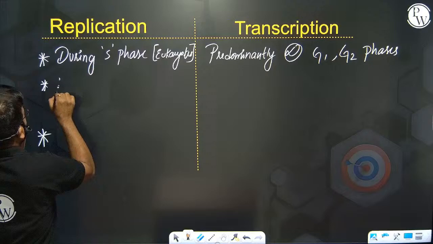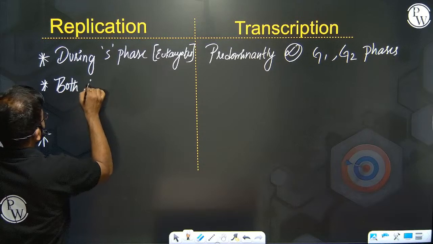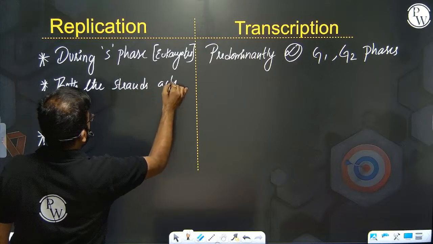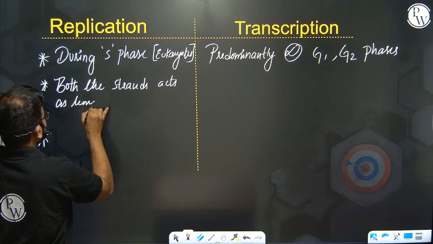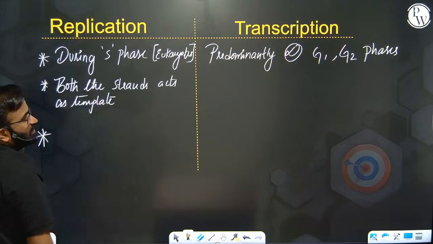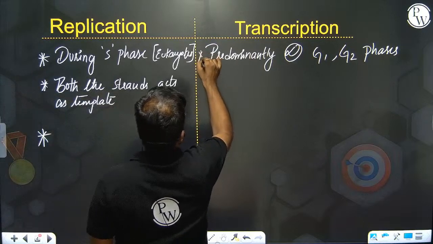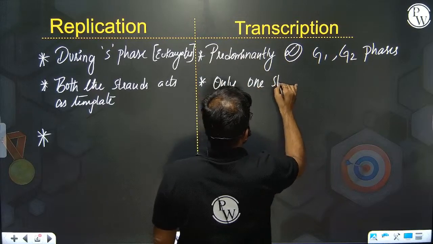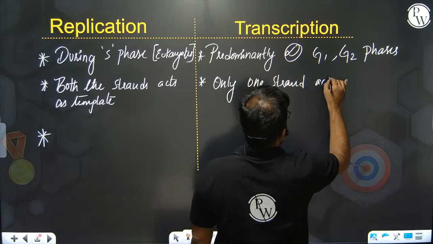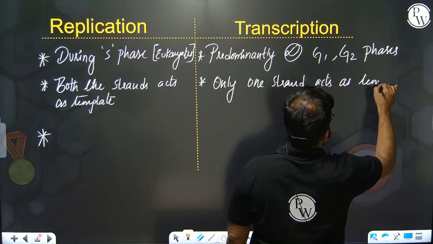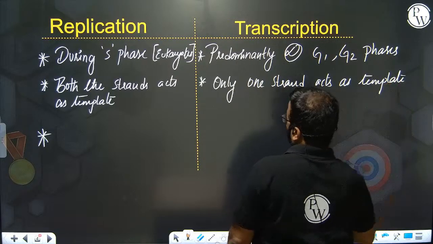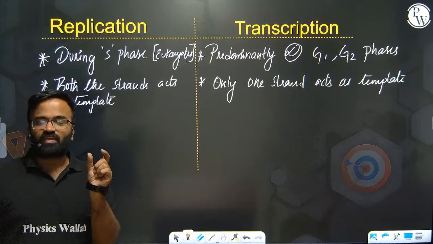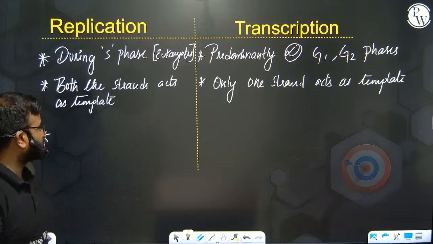During replication, both these strands act as template. Over here in transcription, only one strand acts as template, and not the entire strand is copied. Depending upon which particular sequence has to be transcribed, only that part will be transcribed.